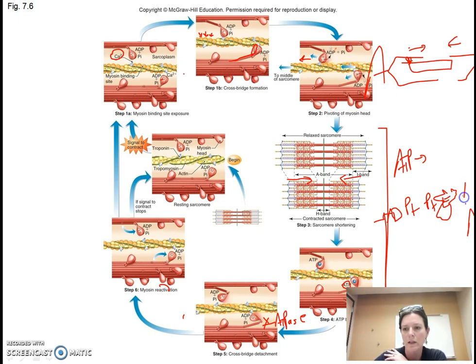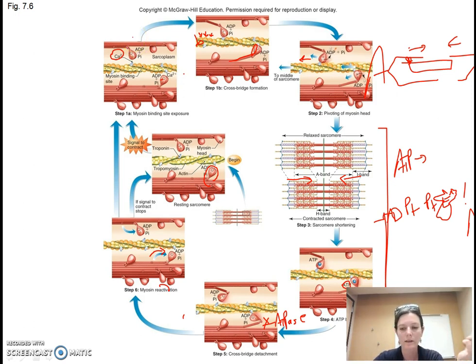And this energy is what we use to cock, or to put, that myosin head back into its high energy position again, down here at this bottom part of the figure. So ATP is used to recock that myosin head, and as long as calcium is still present, it's going to bind again to the myosin binding site, it's going to pivot again, and it's going to continue bringing that sarcomere in.